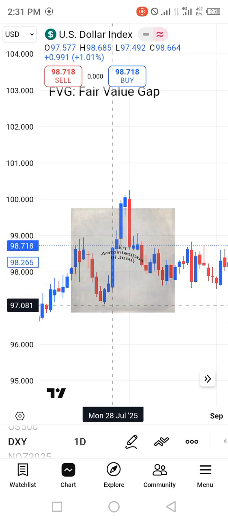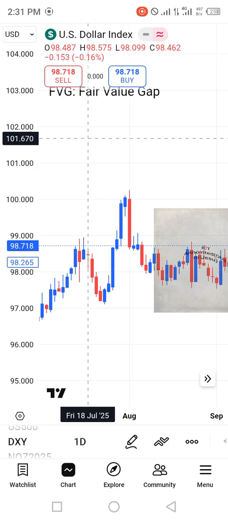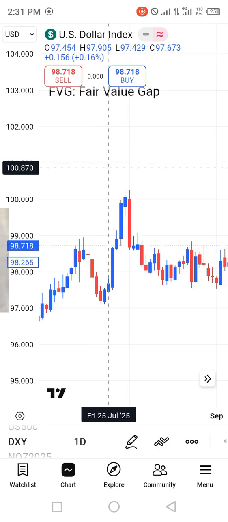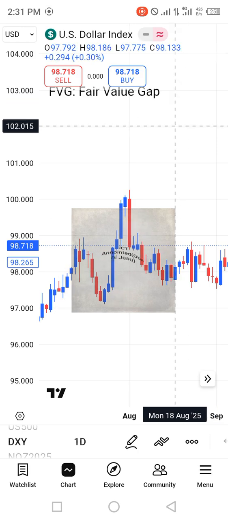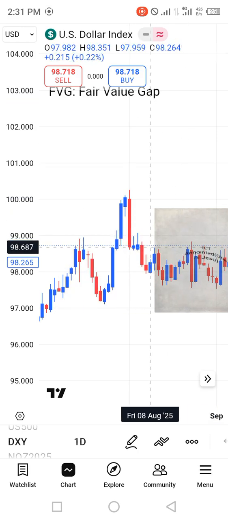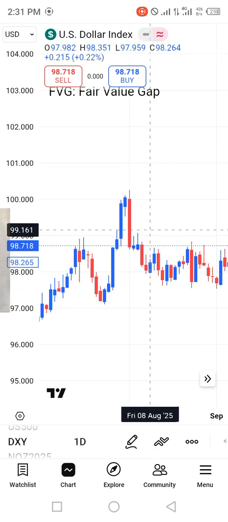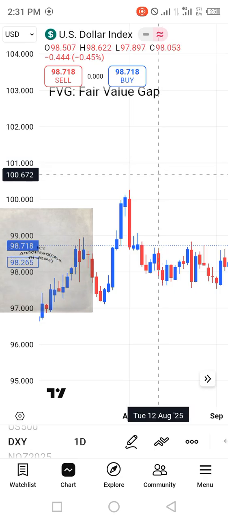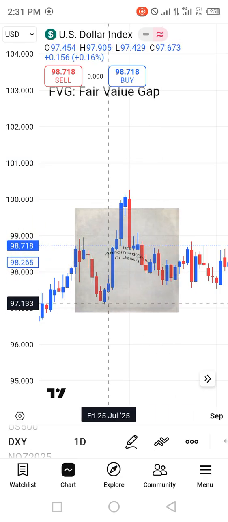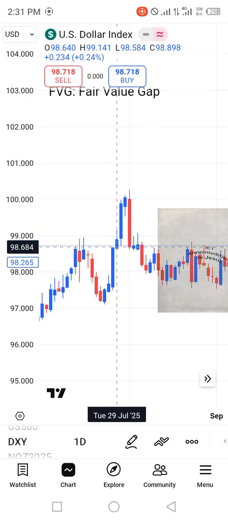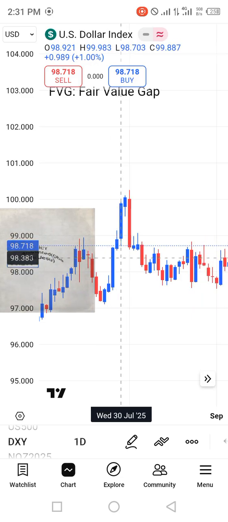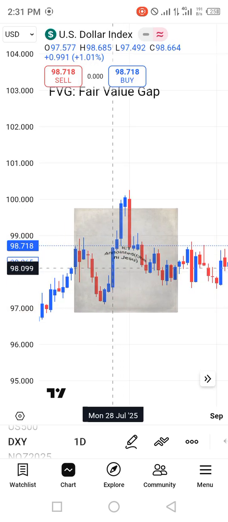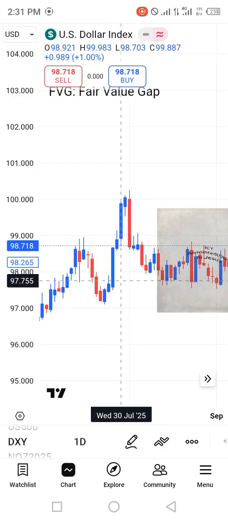A fair value gap is a gap that consists of three candles. Candle 1, 2, and 3. Candle 2 is the middle candle that passes through the 1 and 3 without the body or wick of 1 and 3 meeting at all.